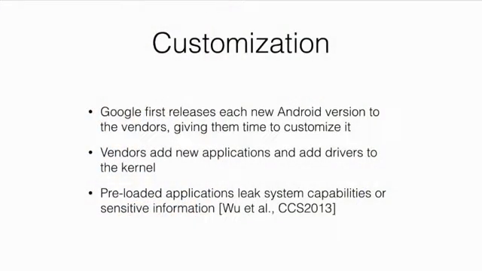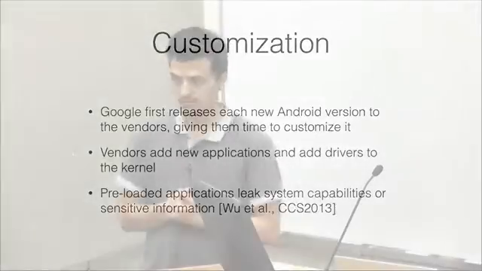Here is how this works. Google first releases their Android source code to these vendors, and gives them some time before releasing it officially. Google releases its phones with the bleeding edge Android version, but gives some time to the other vendors so they can also put the state-of-the-art Android in their phones.